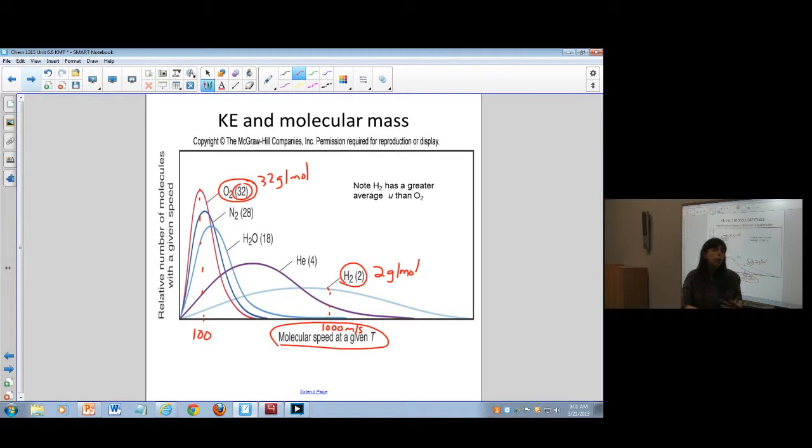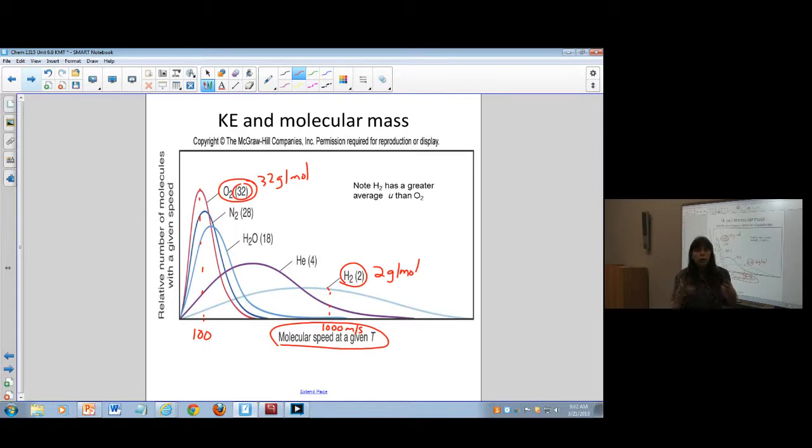Because no matter what kind of particle you think about in a gas sample, if you increase the pressure, the volume decreases. It doesn't matter whether that's helium or oxygen. No matter what the gas, if you increase the temperature, all of those molecules are going to go at a faster speed. So kinetic molecular theory says that the average kinetic energy is proportional to the temperature.